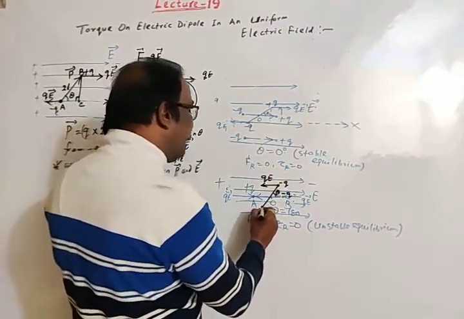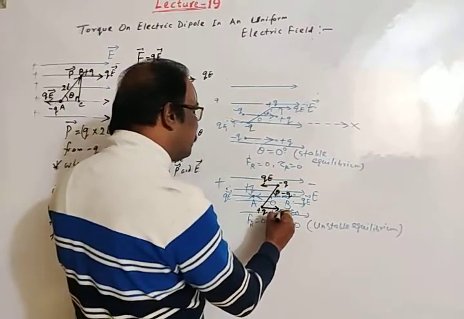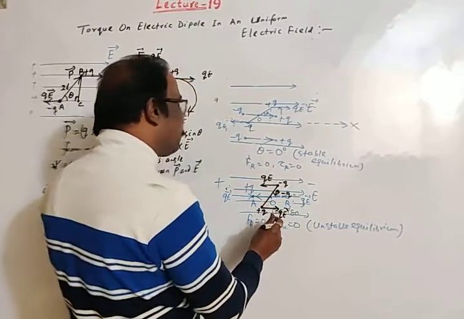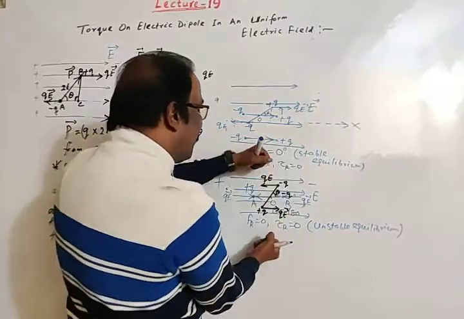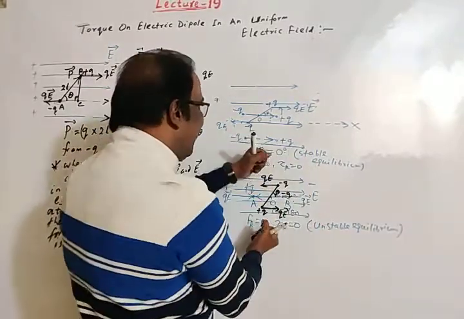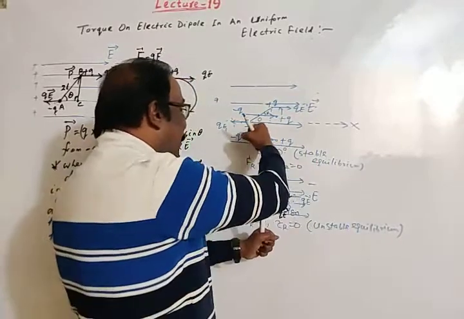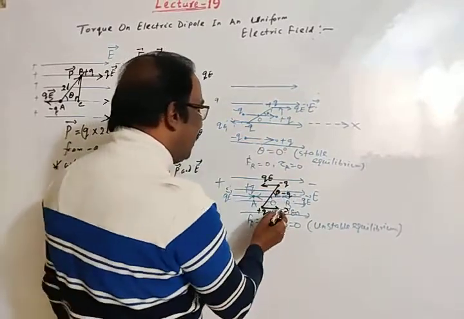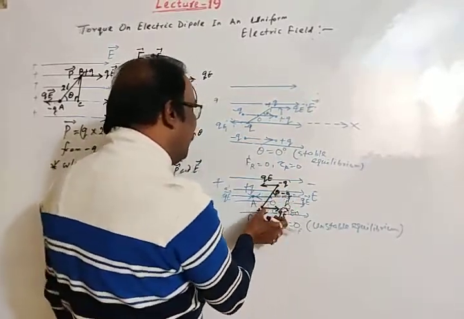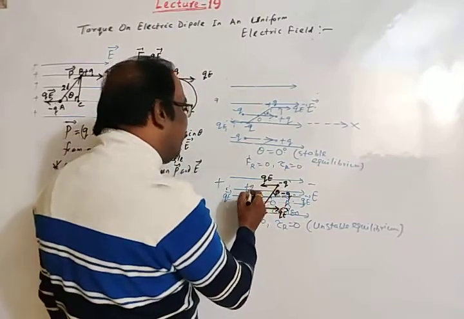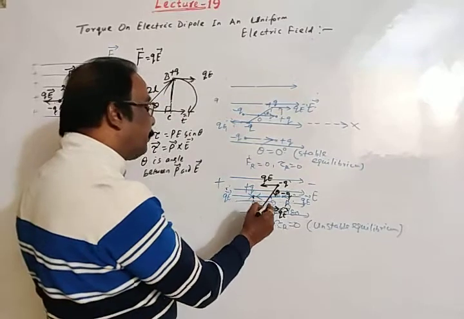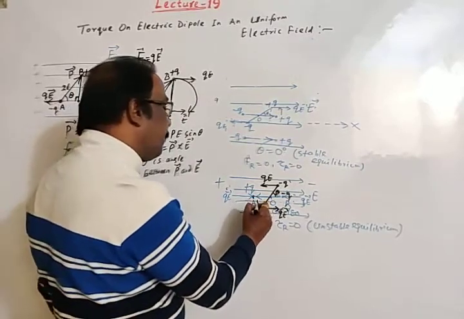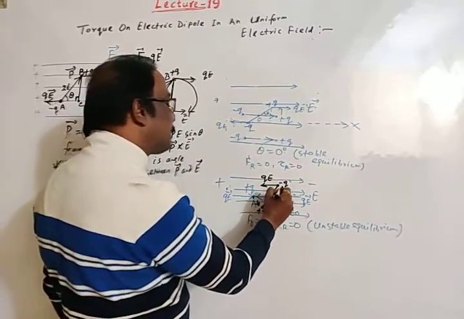This plus q will experience a force along this direction, qE. So again it will rotate in anti-clockwise order, like this, and finally minus q will come to this position. It was previously plus q. We have rotated like this.